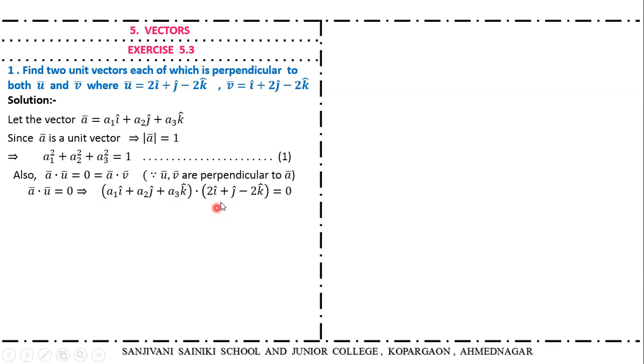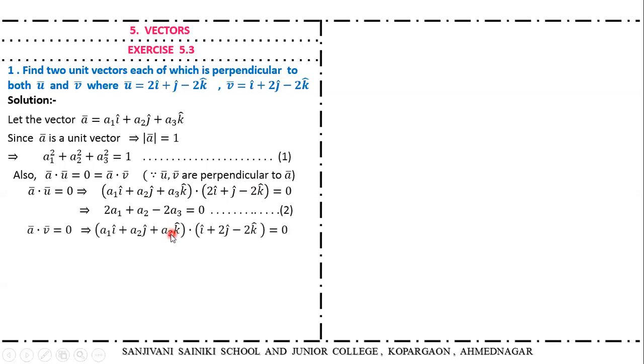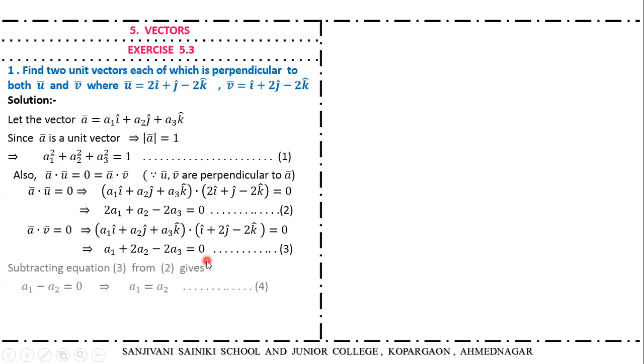The dot product of the two vectors, we take it component wise: twice a1, plus a2, and minus twice a3 is equal to 0. Similarly, take a bar dot v bar, and that dot product is a1 plus twice a2 minus twice a3 is equal to 0.